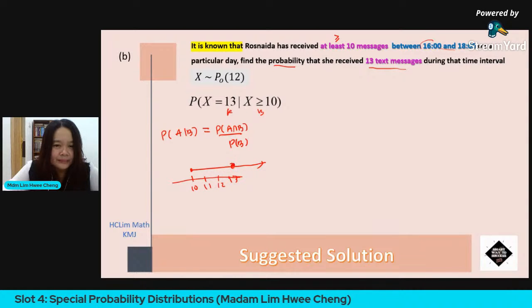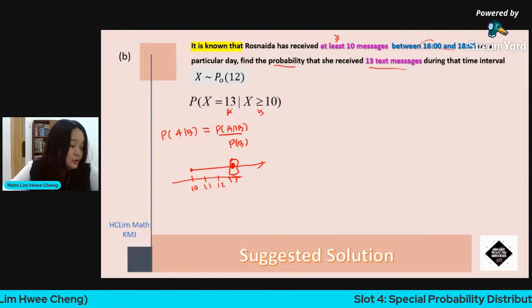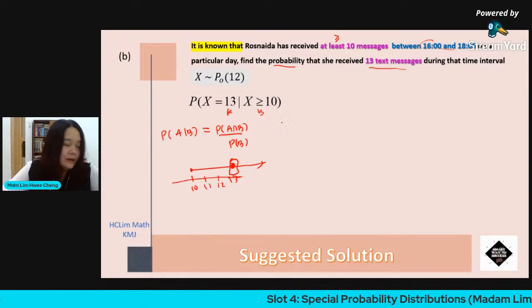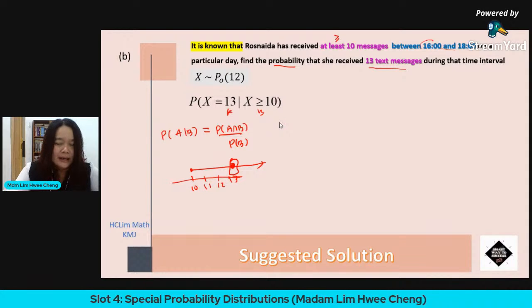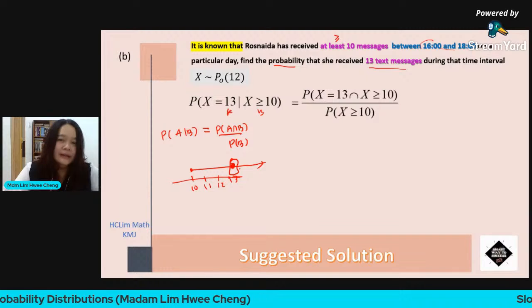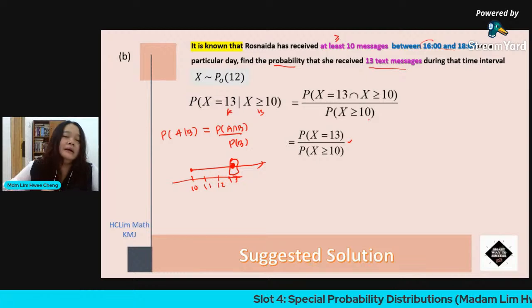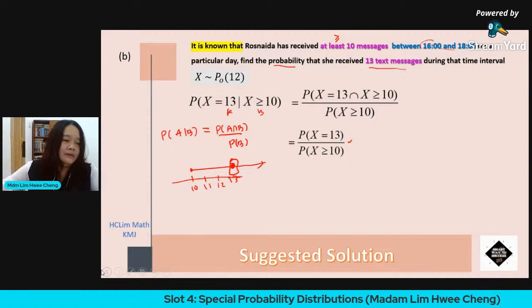And you overlap, so we only take this region. Greater than or equal to 10 intersect with x equal to 13, so we only have the probability of x equal to 13, divided by the condition that x is greater or equal to 10. And you will get this.